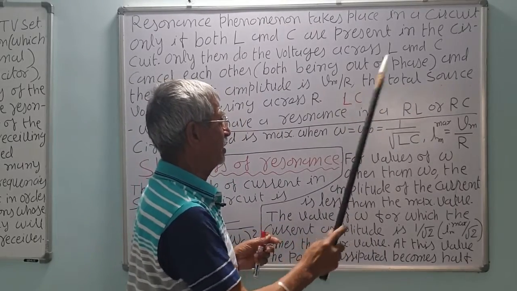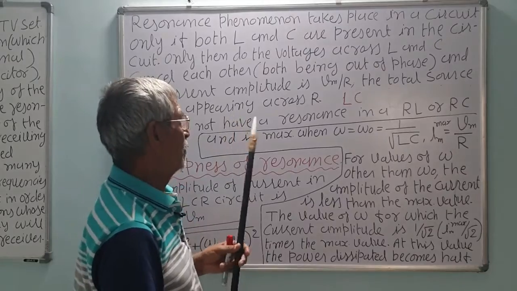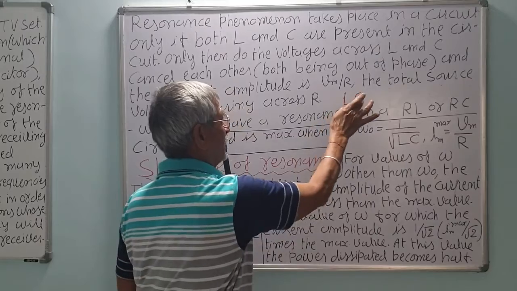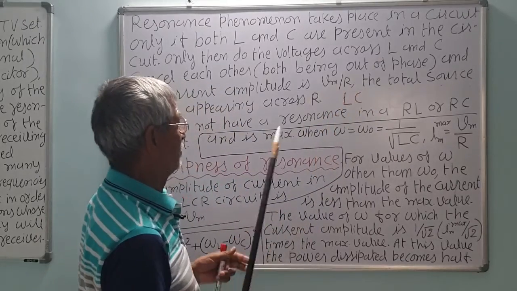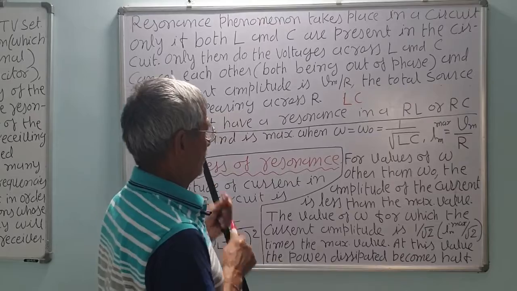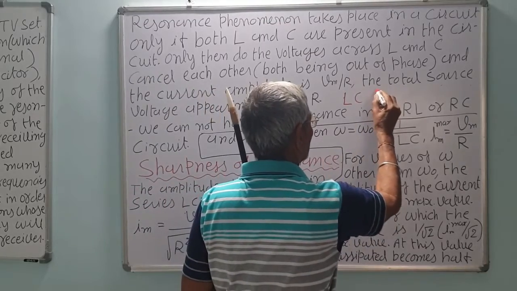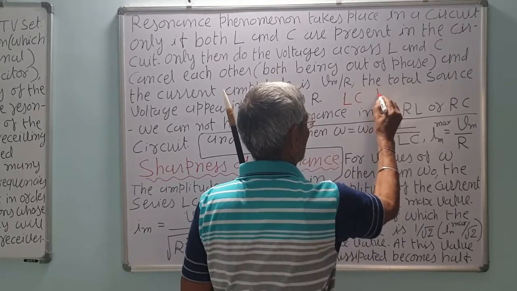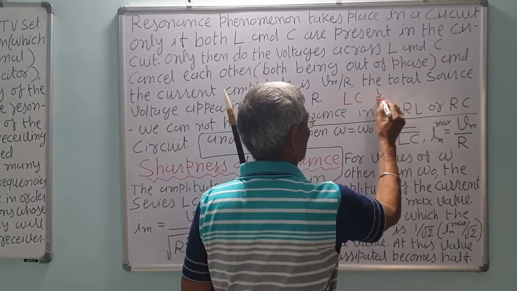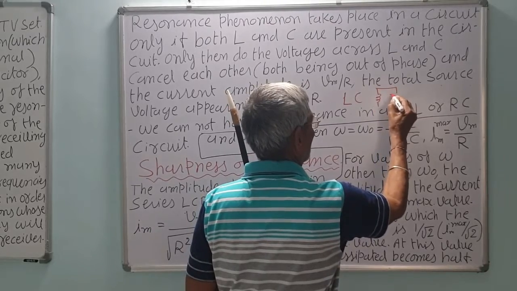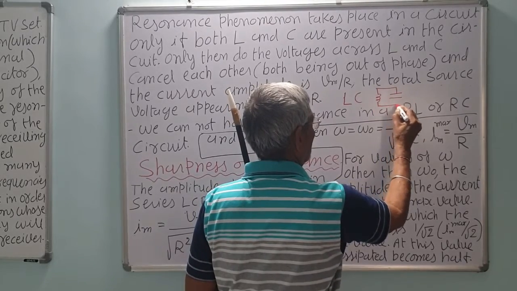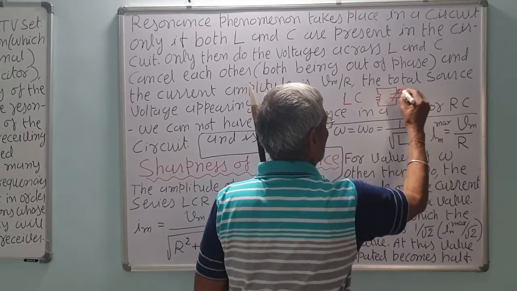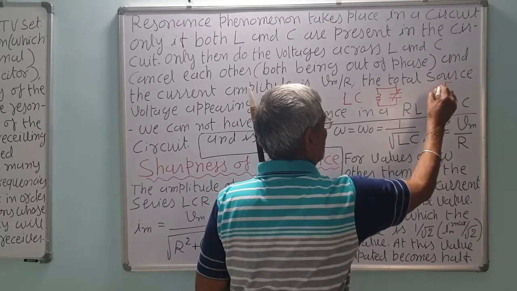So a variable C is connected. We cannot change the inductance L of a circuit, but we can change the C. Correct? So when the capacitance of a capacitor is changed, there are a number of signals coming from the radiation.